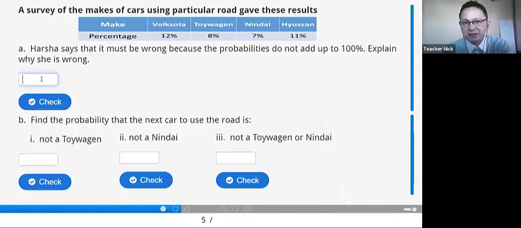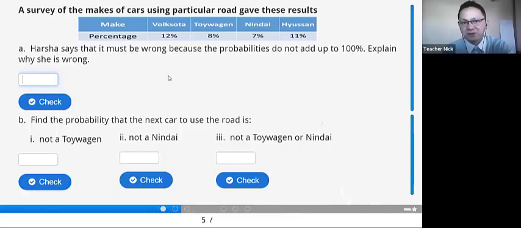You are saying that some of the models of the cars are not yet presented there, right? Yeah, some of the cars are not yet there, because only Vox Sota, Toy Wagon, Hyundai, Yusan, and some of the other cars are not yet there.